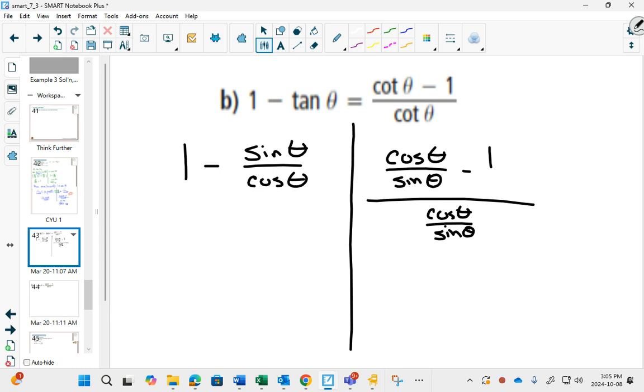On the left-hand side, do we have a single fraction? No, this is 1 over 1. I want to get a common denominator, so I'm going to multiply by cos theta over cos theta, to get a common denominator of cos theta.